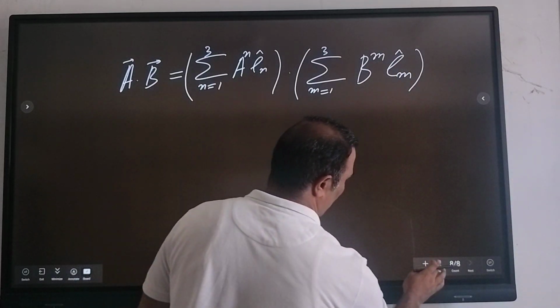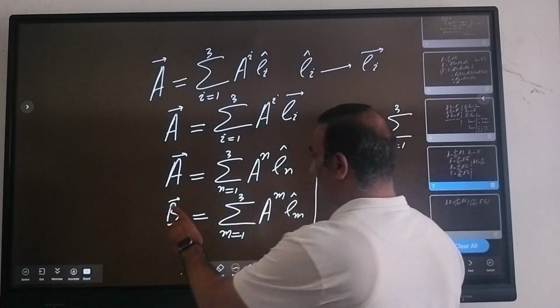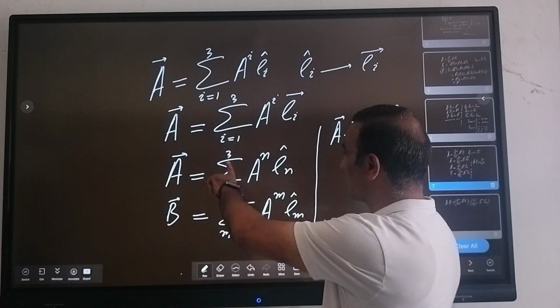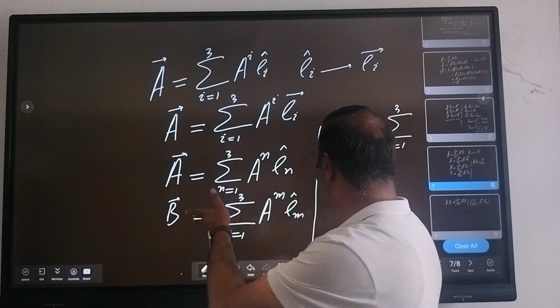Okay, because if you remember, we have defined a like this, that is summation n starts from 1 to 3 a n e n cap, not e n cap, sorry.